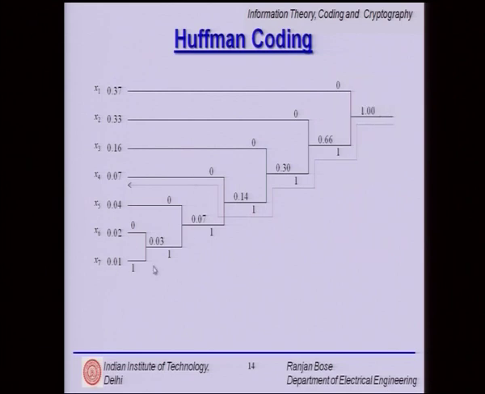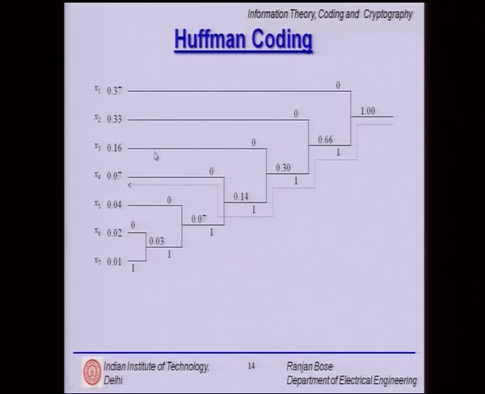Please note 0.01 plus 0.02 is 0.03, 0.03 plus 0.04 is 0.07. Now 0.07 and 0.07, big question, which is bigger? We can toss a coin to choose. Right now let us say this 0.07 is lower than this, but nothing stops me from putting this symbol higher up than this. We will look at a subsequent example to show this. So 0.07 plus 0.07 is 0.14, still lower than 0.16.